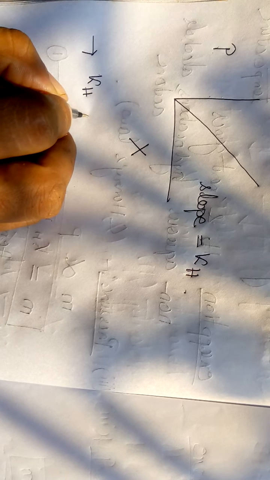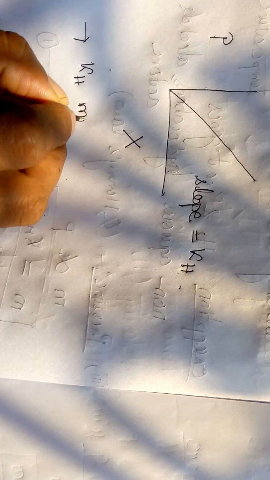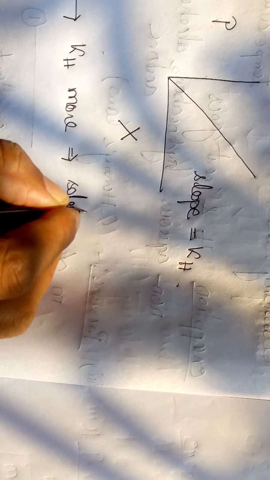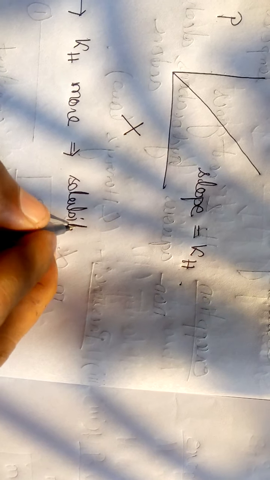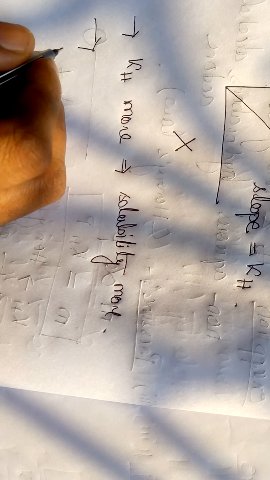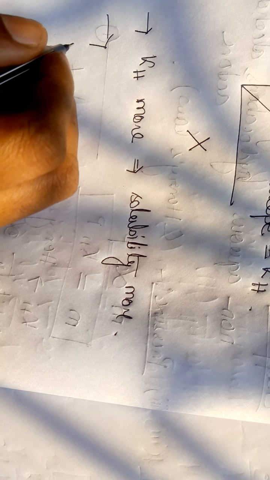It is observed that if Henry's law constant is found more, it expresses that solubility for the gas is more. If Kh decreases with the increase in temperature, it indicates that solubility decreases with increase of temperature.